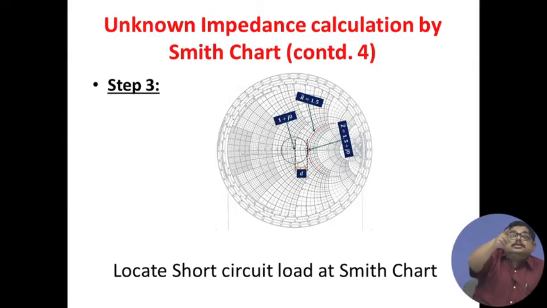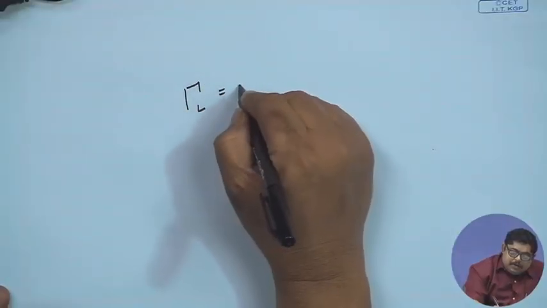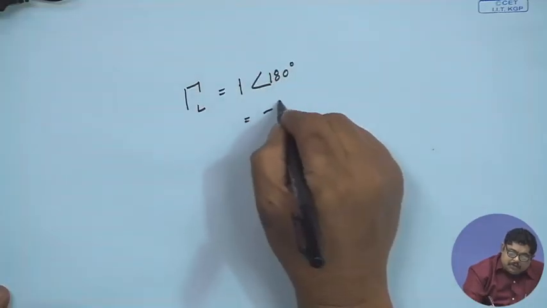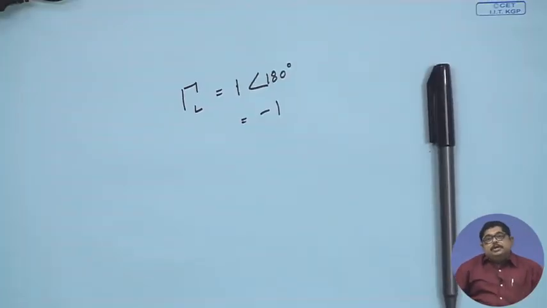So, step 3 demands that you now locate the short circuit on the Smith chart. What is a short circuit? Short circuit means my load reflection coefficient is 180 degree or minus 1. Open circuit means load reflection coefficient plus 1.